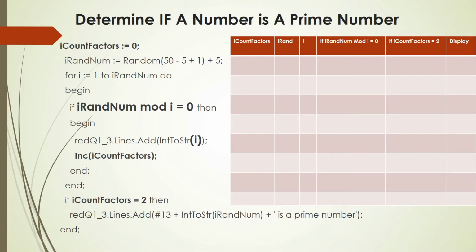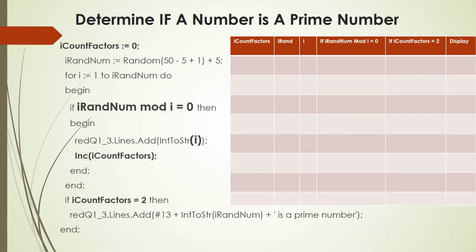I want to start first with question 1.3, where you had to determine if a number is a prime number. In this particular question, you are asked to generate a random integer between 5 and 50, both inclusive.